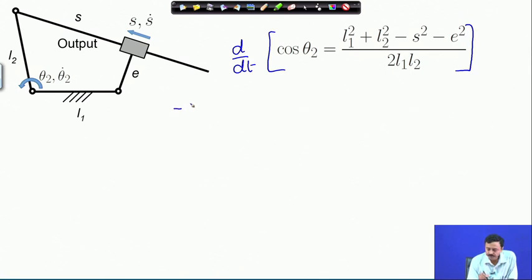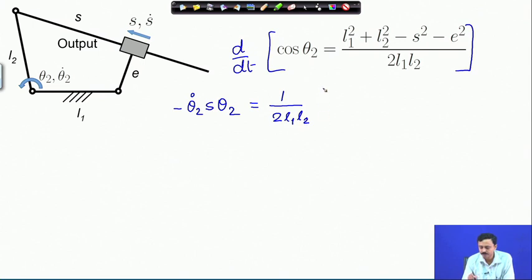Minus theta 2 dot into sin theta 2 is equal to 1 by twice L 1 L 2 times. Now, these are constants, L 1 is constant, L 2 is constant, the only thing variable is S, E is a constant. So, this is as simple as that.